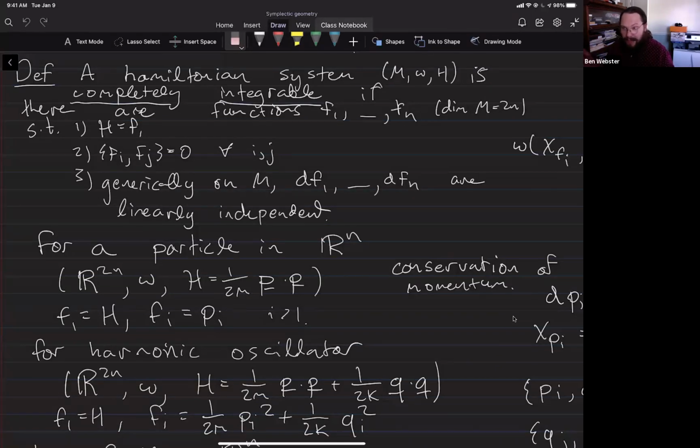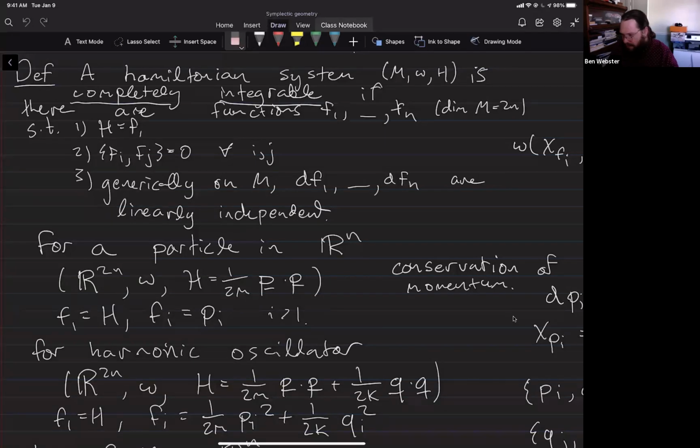One of the really important things you can do in Hamiltonian mechanics that makes no sense in Lagrangian mechanics is you can find a completely integrable system. You can start with a Hamiltonian system, a manifold, symplectic form, a function, and you can find half the dimension many functions that Poisson commute with your original Hamiltonian, with the first one being the Hamiltonian, which are independent from each other in the right sense.